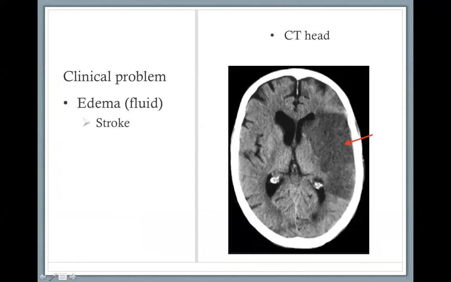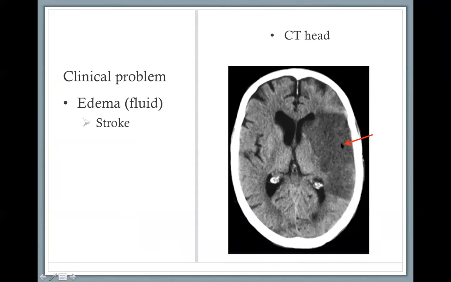Before the break, when I showed you one of the images, one of you mentioned stroke. Now, stroke is a general term, and it's either ischemic or hemorrhagic. This is a good example of a stroke, an ischemic one.